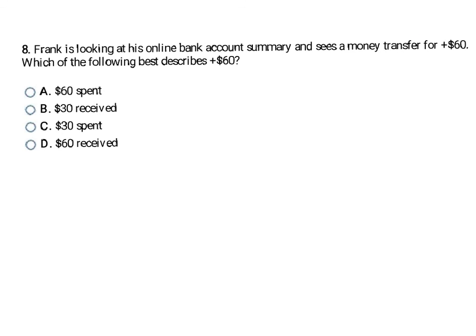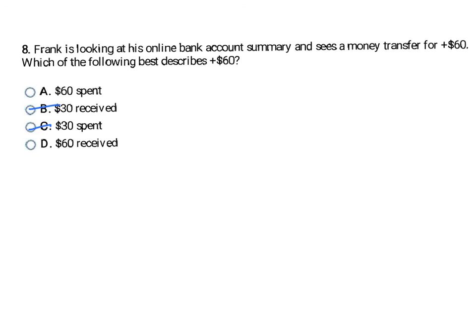Next question says, Frank is looking at his online bank account summary and sees a money transfer for positive $60. Which of the following best describes positive $60? It's either going to be A or D because we aren't going to change the $60 to $30 for no reason.